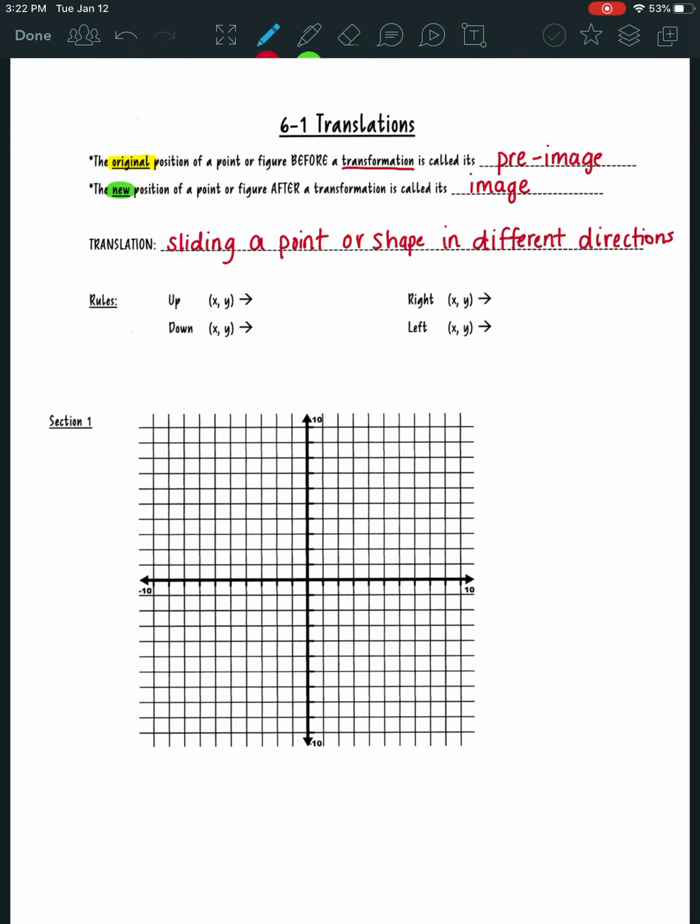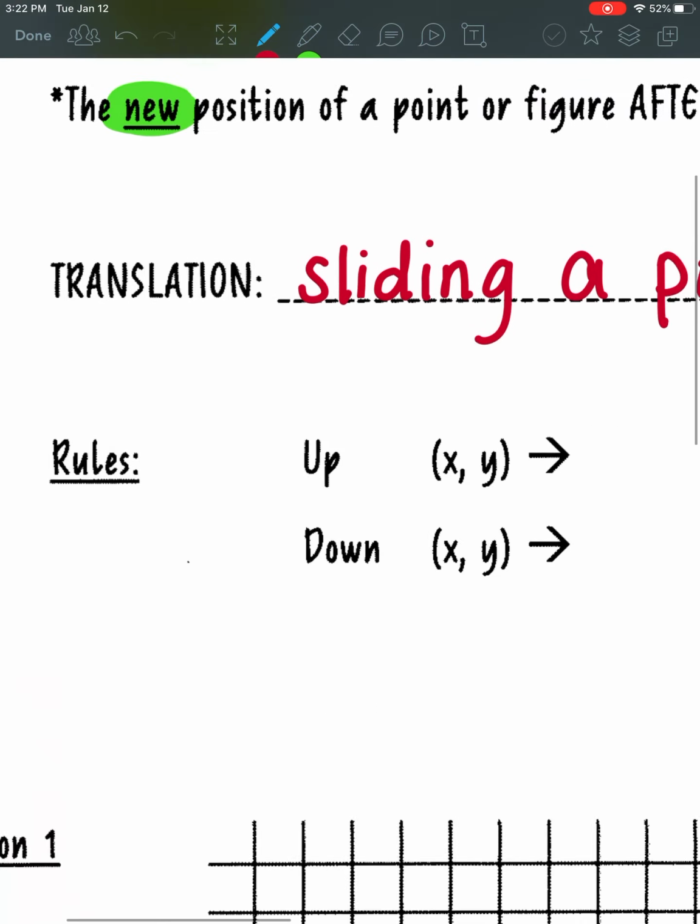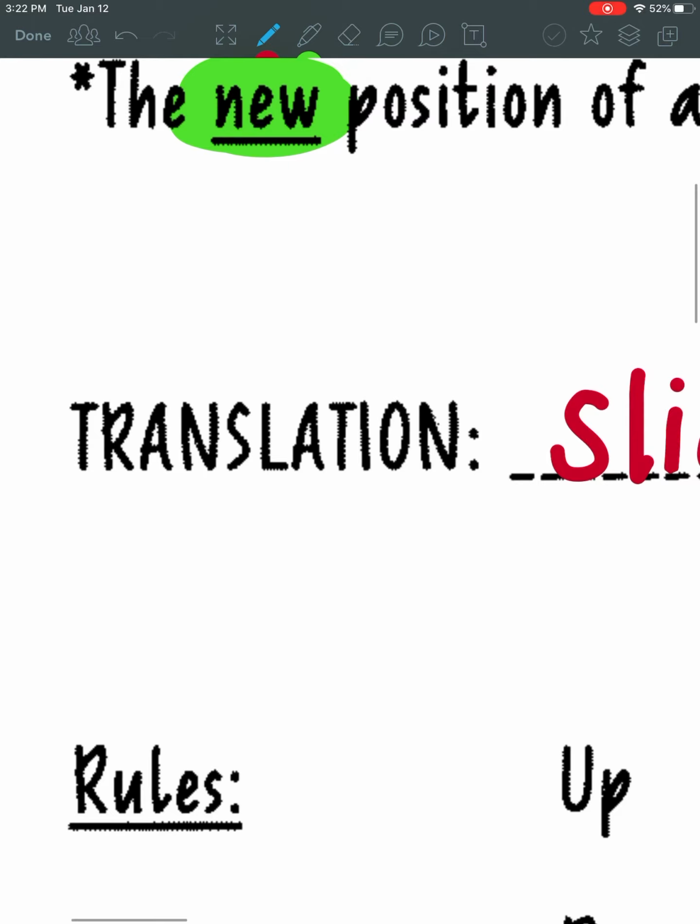So we may plot points on this coordinate grid, make a shape, and we may move it just up. We may move it up and right. We may move it down and left. There's certain different ways we're going to move these points, and then we're going to come up with this new shape. It's just going to be in a different spot on the graph, but it's going to be the exact same shape. So there are rules.